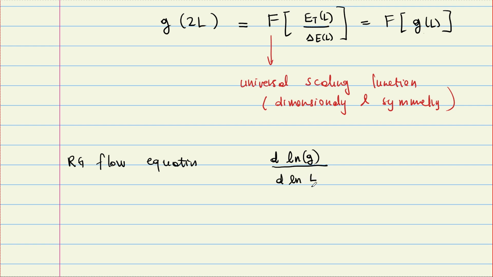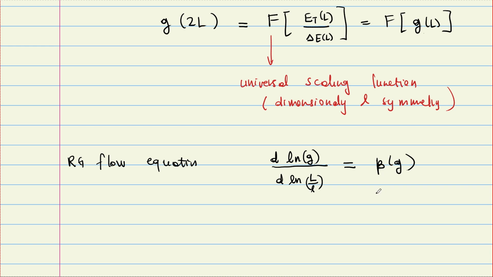There is only L here, and typically we make it dimensionless, because this is a dimensionless equation, and it's going to be given by beta of g only. So this is a one parameter flow, and the only parameter is g. And we want to understand how g flows as a function of L, the system size.